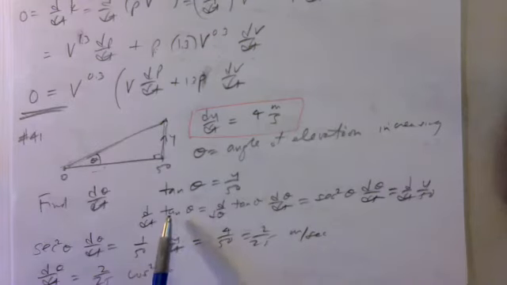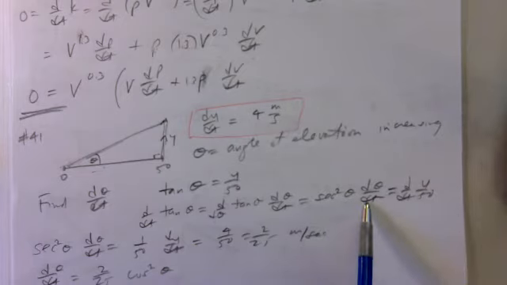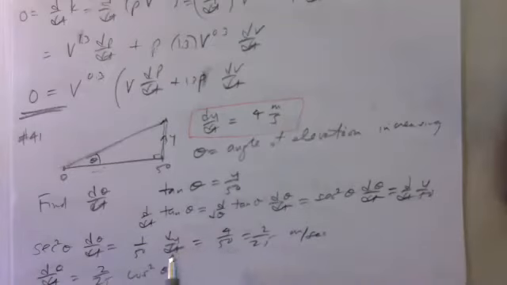So the derivative of tangent theta is secant squared theta d theta/dt, which is 1 over 50 dy/dt, which is 4 over 50, which is 2 over 25. So d theta/dt is that.